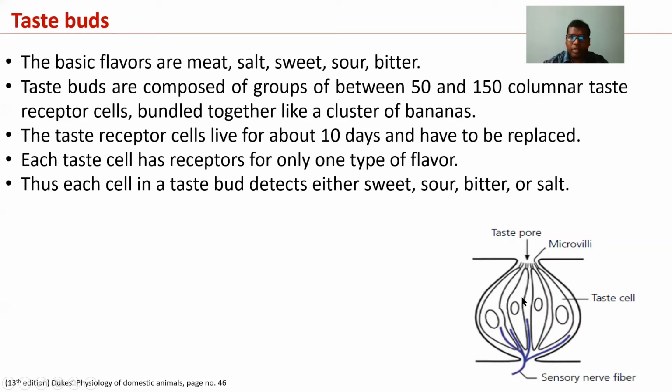Each taste cell has receptors for only one type of flavor. One cell senses only one flavor. Thus, each cell in a taste bud detects either sweet, sour, bitter, or salt.